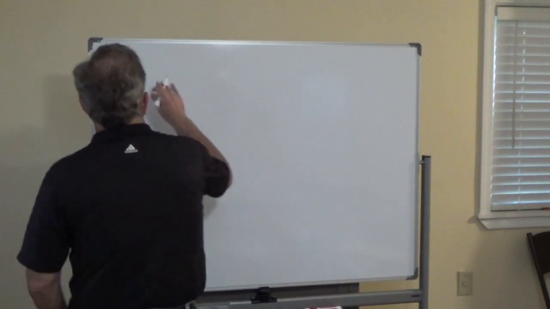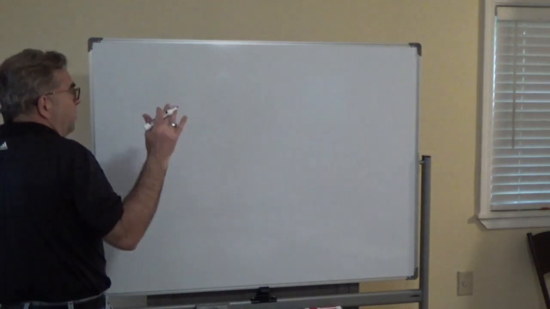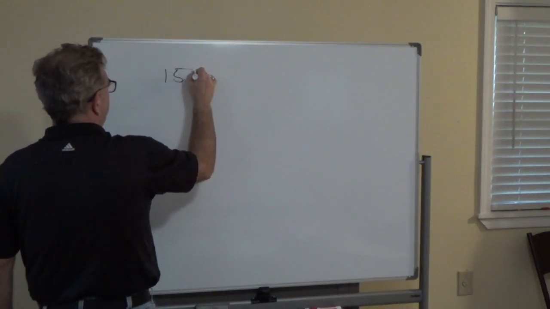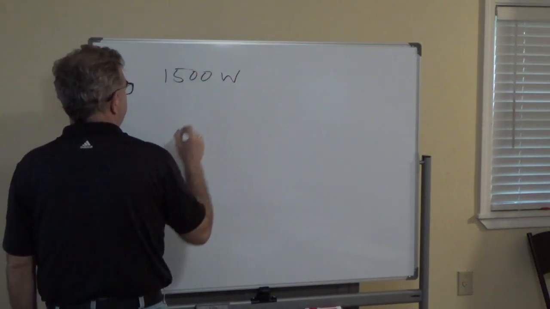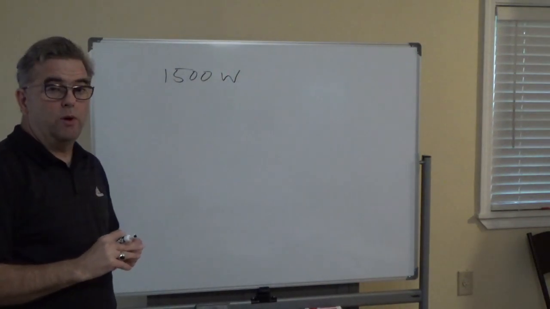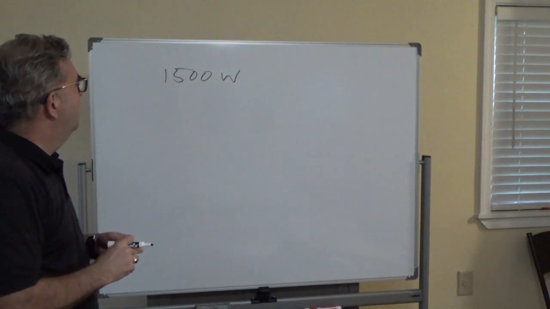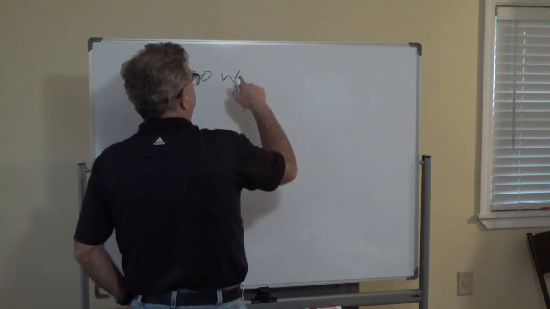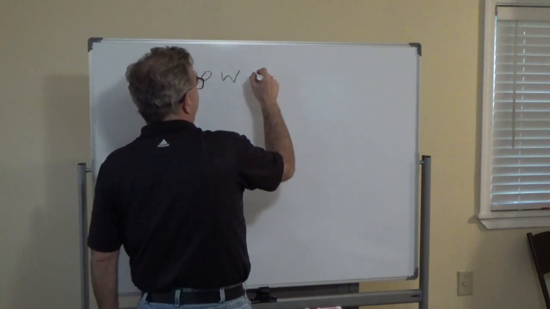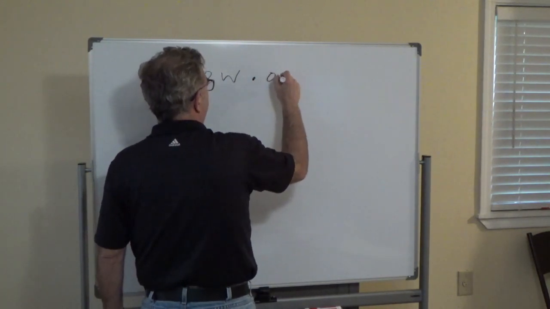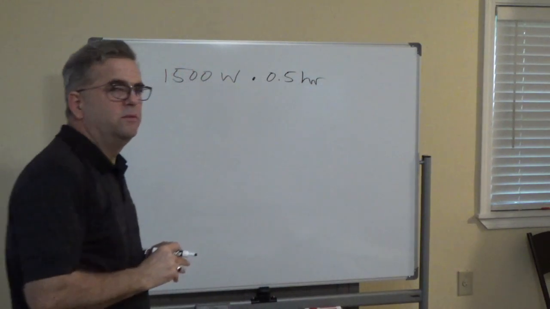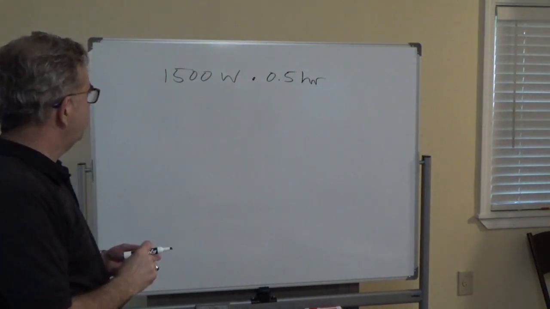So, most of you have a hair dryer. Let's say it is a 1500 watt. Most of these are rated at 1500 watts. So that's 1.5 kilowatts. And that 1500 watts, let's say that you take a half hour to dry your hair, okay?